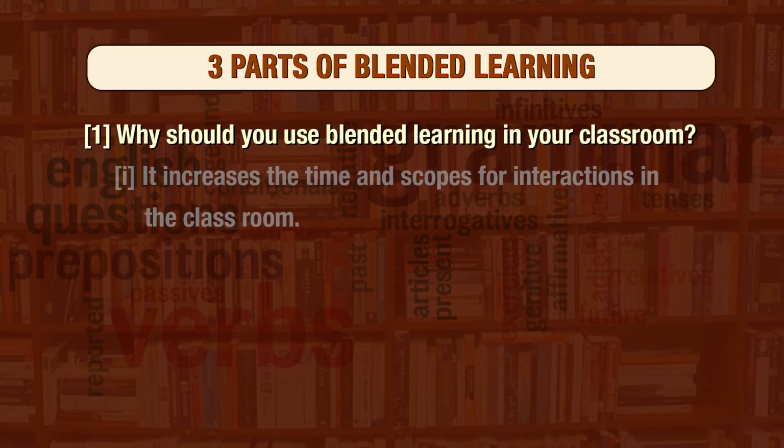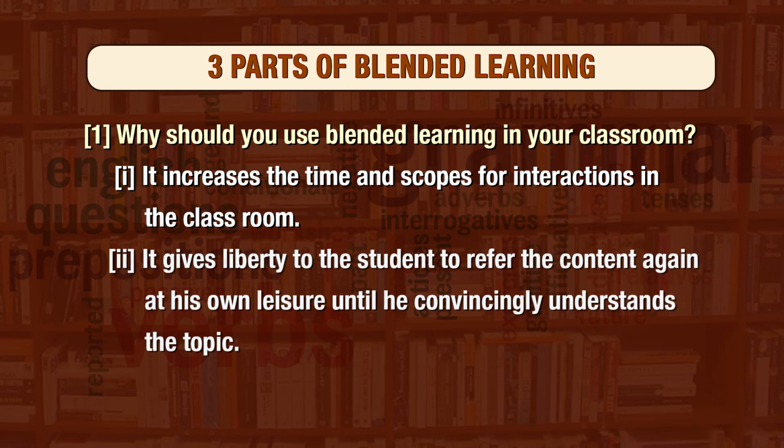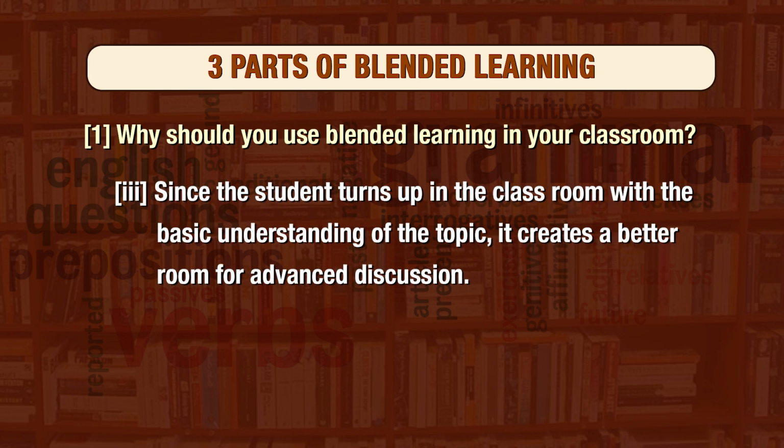Number one, it increases the time and scopes for interactions in the classroom. Number two, it gives liberty to the students to refer to the content again at their own leisure until they convincingly understand the topic. Number three, since the student turns up in the classroom with the basic understanding of the topic, it creates a better room for advanced discussion.